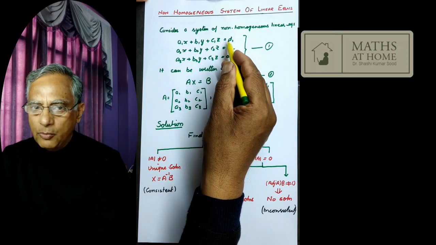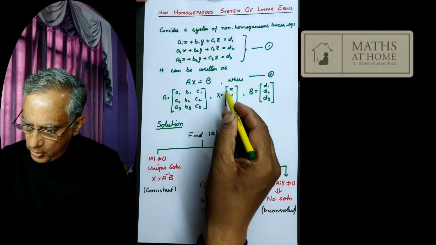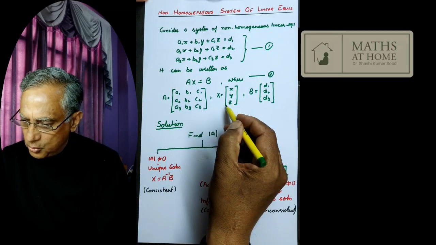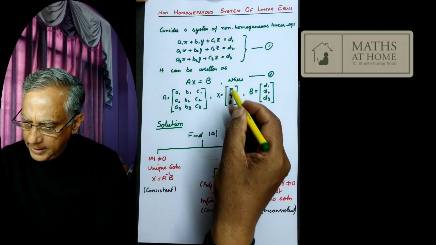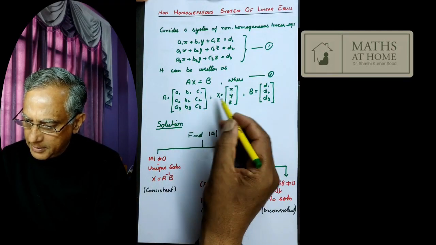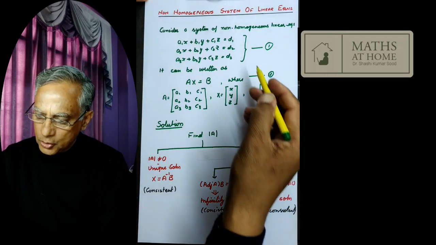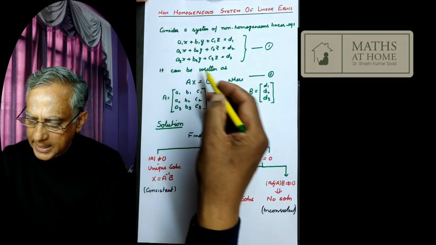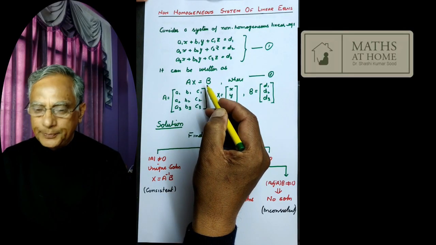We will get the first equation. And similarly multiply this with this: a2x plus b2y plus c2z will be equal to d2, the second entry. And a3x plus b3y plus c3z is equal to d3. So this system of equations can in short be written as AX equal to B.